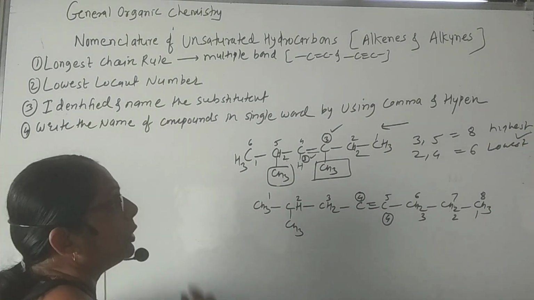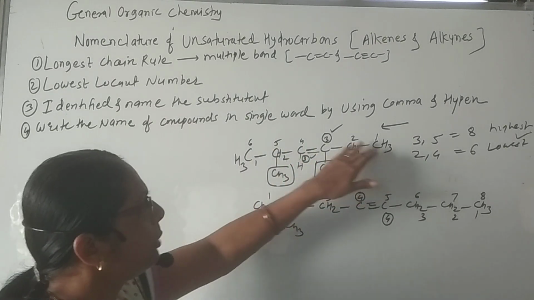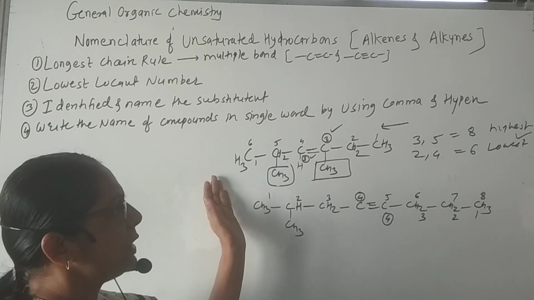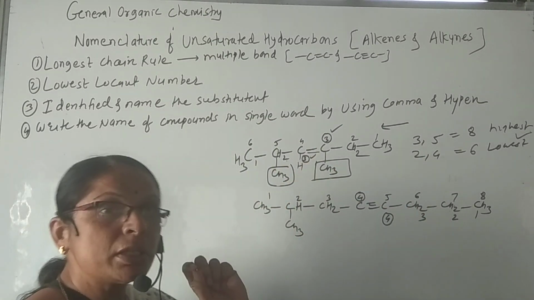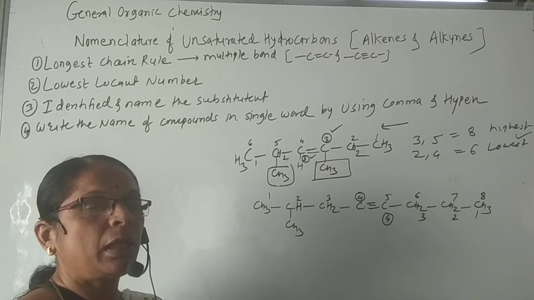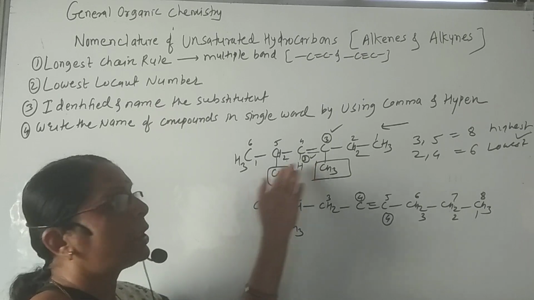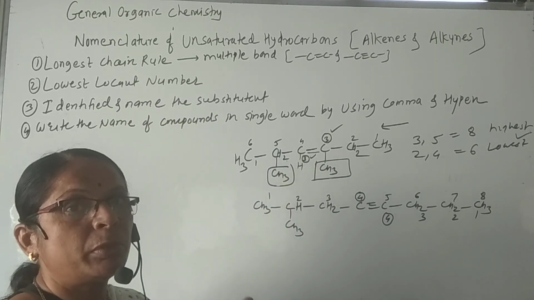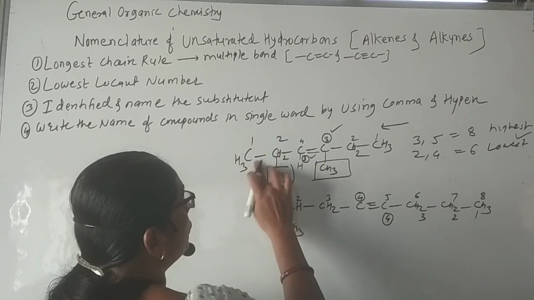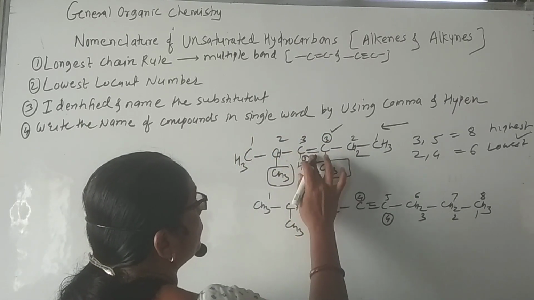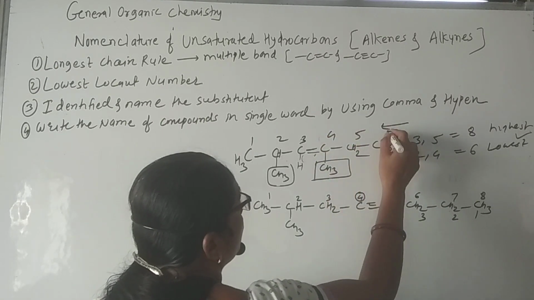And therefore, if the double bond is equidistant from both sides, from this side the double bond is at the third position, and from this side the double bond is also at the third position. So here the multiple bond is equidistant. At that time, the numbering is given in such a way that the branched alkyl group will get the least possible number. So our numbering is now 1, 2, 3, 4, 5 and 6.